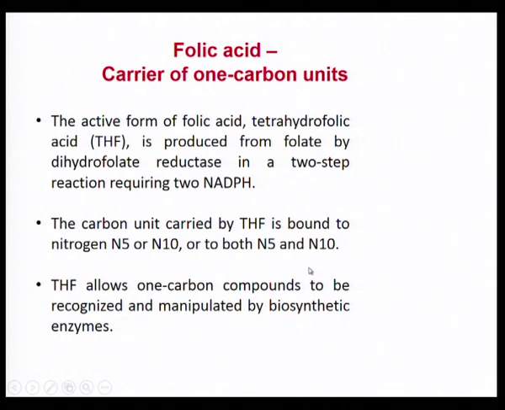So, what exactly is folic acid contributing in metabolism? The active form of folic acid, which we call tetrahydrofolic acid, is produced from folic acid by the enzyme dihydrofolate reductase.